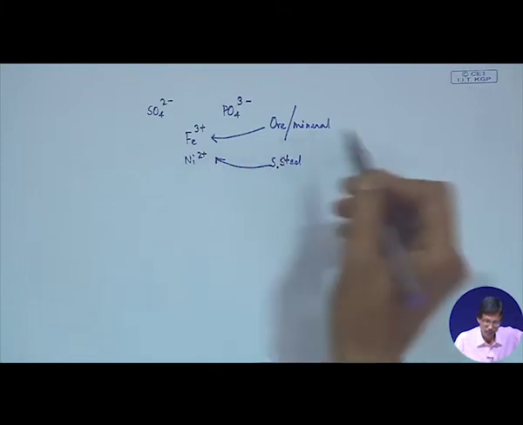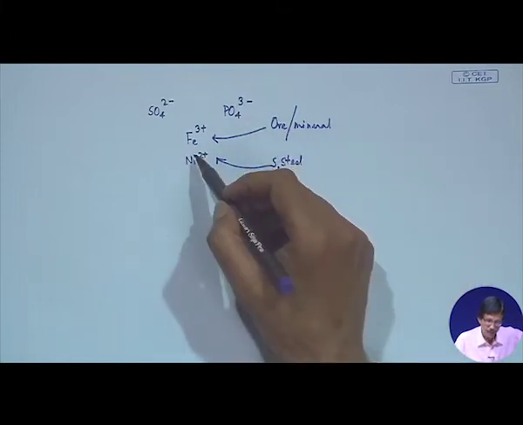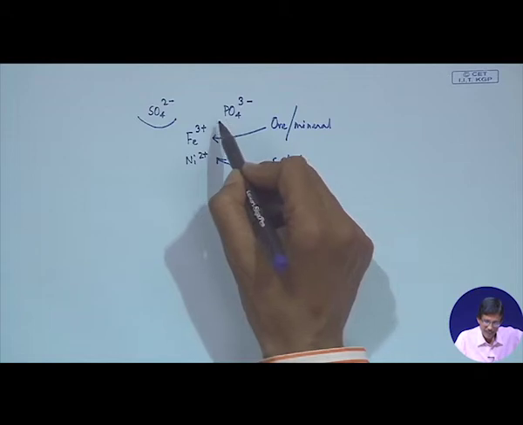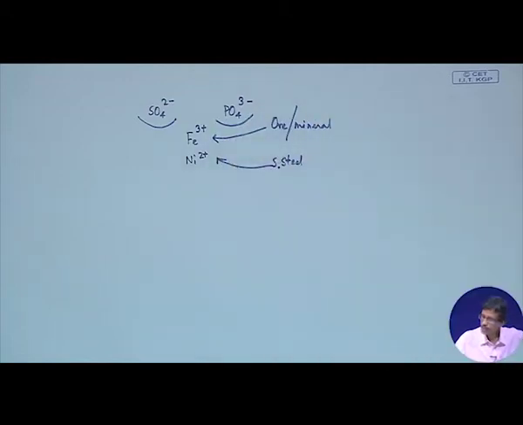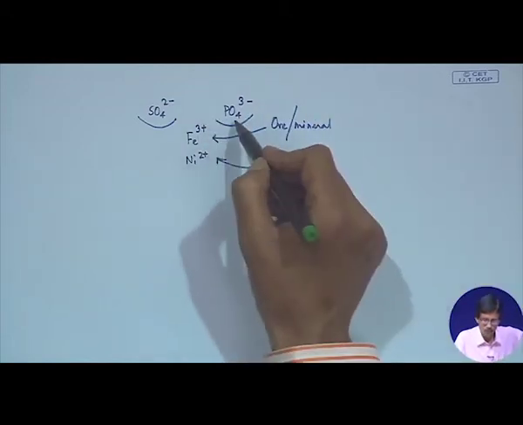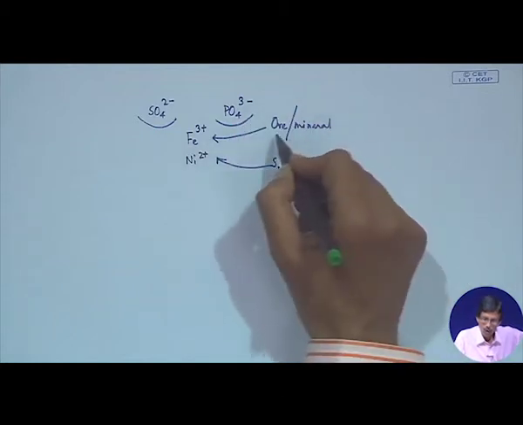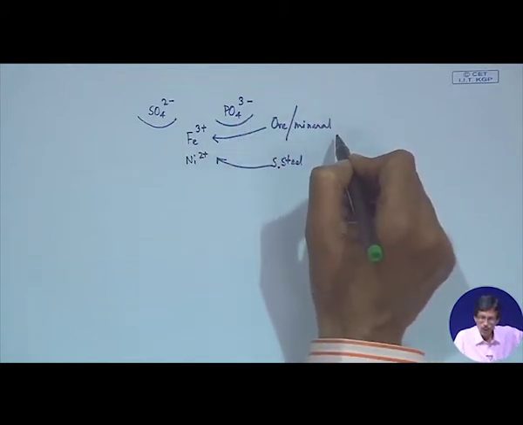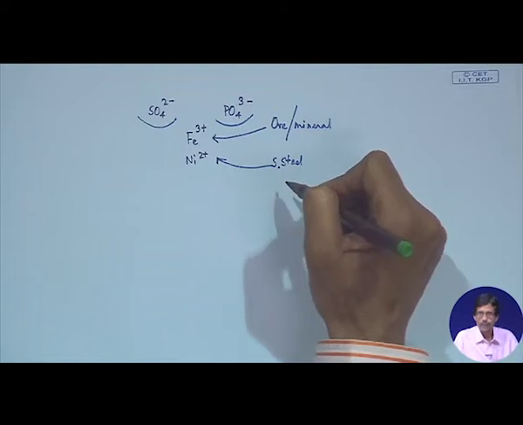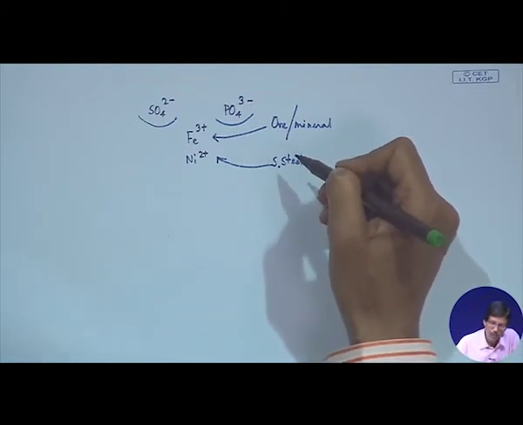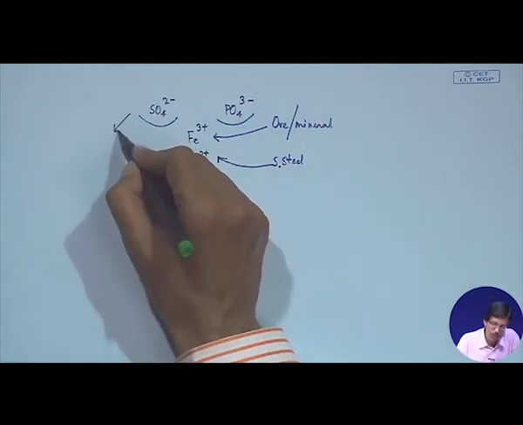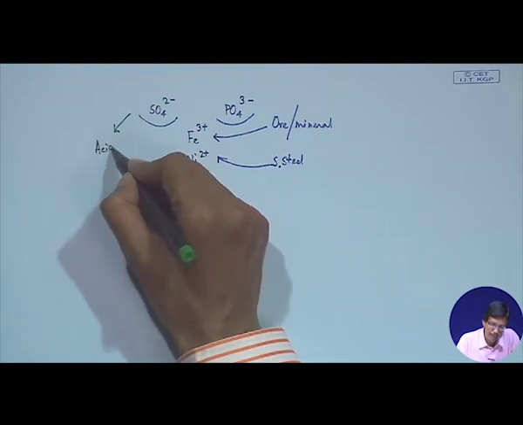In these cases sometimes we use acids, that means sulfuric acid can be used, phosphoric acid can be used for the dissolution of this ore or the mineral or the stainless steel. So, for the dissolution purpose most of the time we handle acids.